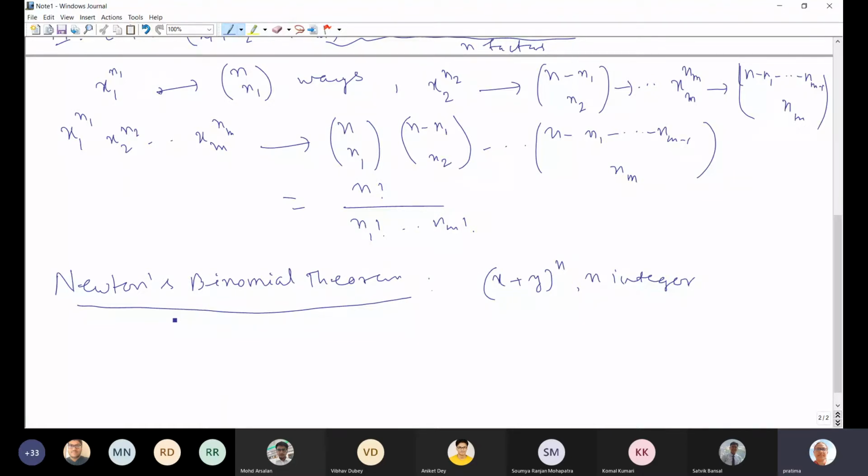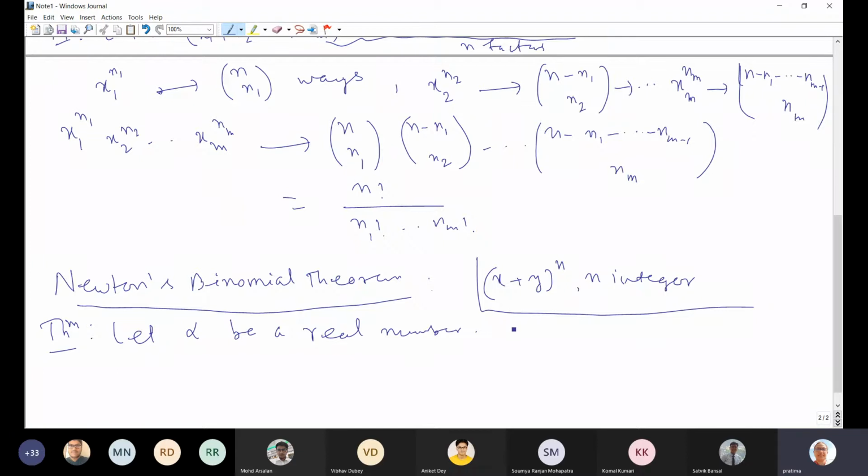So for any real number, Newton gave an expansion of (x + y) to the power n. Let alpha be any real number. It may be a fraction, negative, positive, anything.